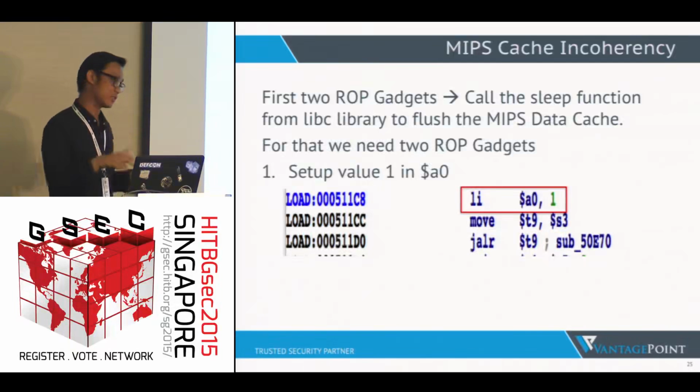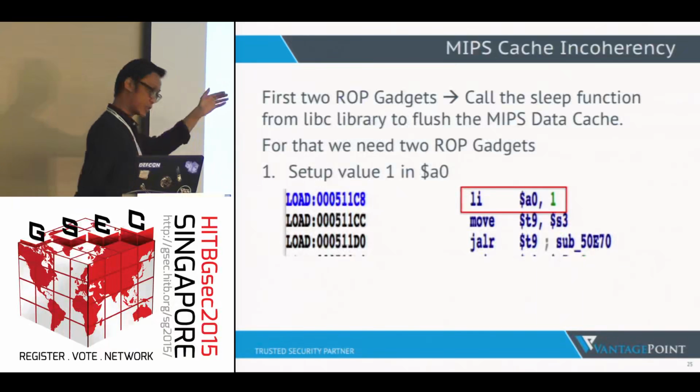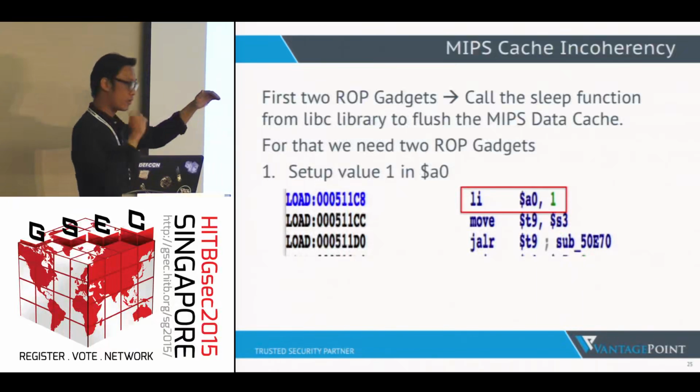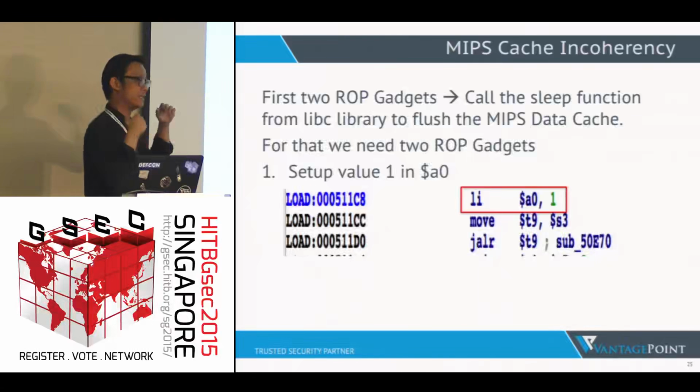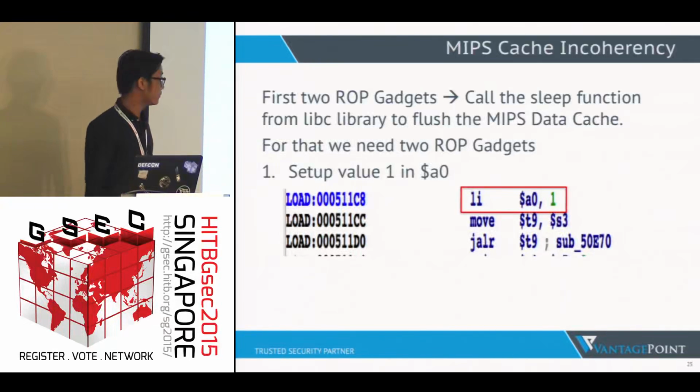When you open up a library, for example libc, in IDA Pro, you have a list of instructions, right? So when you call a certain address in the binary, you're actually calling the instruction. ROP gadgets make use of these instructions to run the instructions that we need.